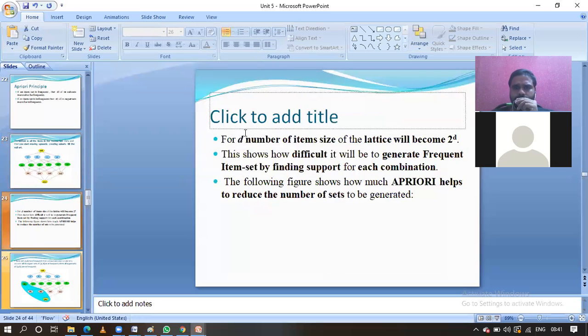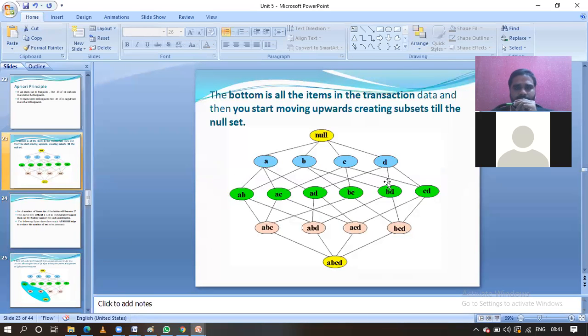Suppose we have D items. The lattice will have size 2 power D. For four items, 2 power 4 is 16, so 16 item sets will be there. If you observe the previous slide, we have overall 16 item sets. Sometimes they exclude the null set, and at that time the answer is 2 power D minus 1.